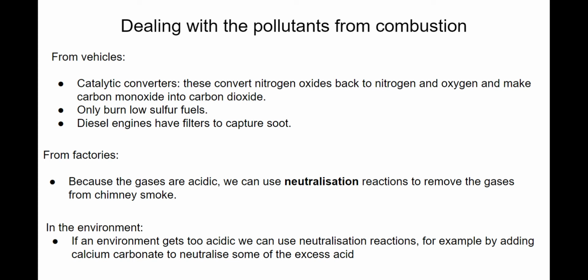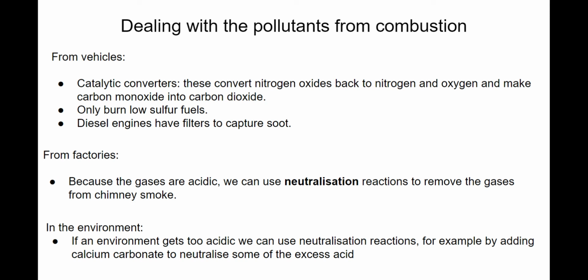Suffice to say that acid plus alkali gives you a salt plus water, and that is the reaction that we will be doing. So we will take the acidic gases that would go into the atmosphere, but before we release them, we will react them to stop them from being acidic, so what gets released isn't acidic and doesn't cause acid rain.